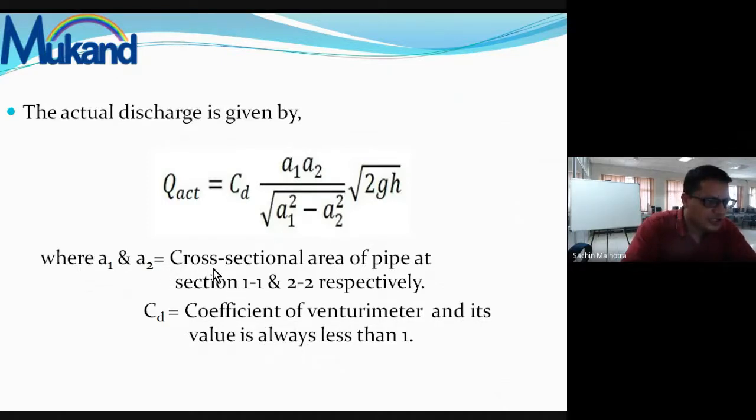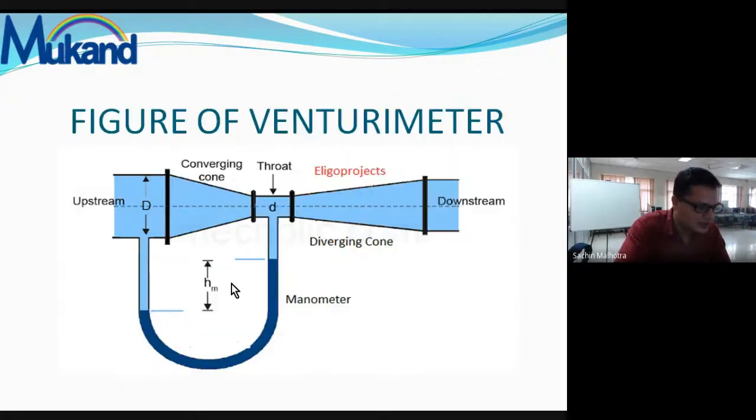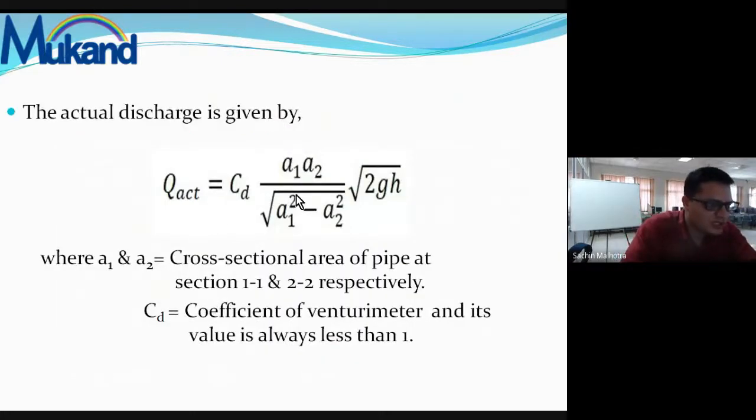A1 is the cross-sectional area of the pipe at section 1. A2 is the cross-sectional area of the pipe at section 2. g is acceleration due to gravity, and H, as I told you in the previous slide, is the difference of mercury level in the U-tube differential manometer. So the formula comes out to be Cd into A1 A2 under root 2gH divided by under root of A1 square minus A2 square.